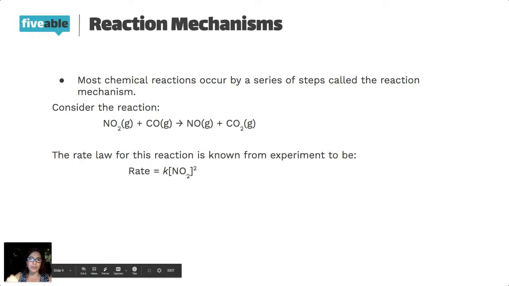Okay, now we're going to see reaction mechanisms and how they affect the rate law. Okay, last session, we did a lot of examples with rate law where the equation was given, the reaction was given, and to be able to find the rate law, we did two cases.